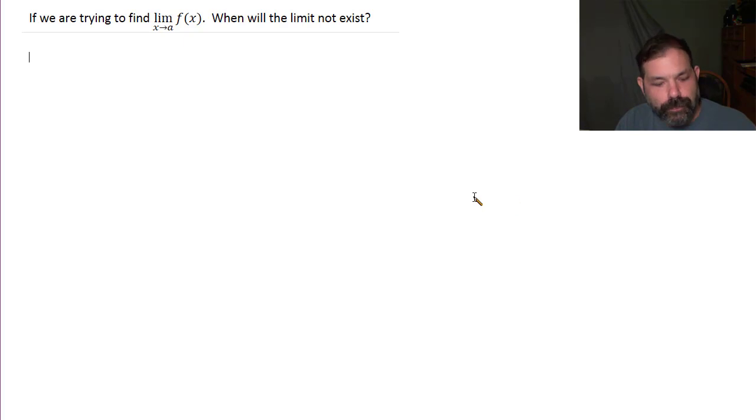So, if we're trying to find the limit, when will that limit not exist? There are basically 3 possibilities. There are 3 situations where a limit will not exist.